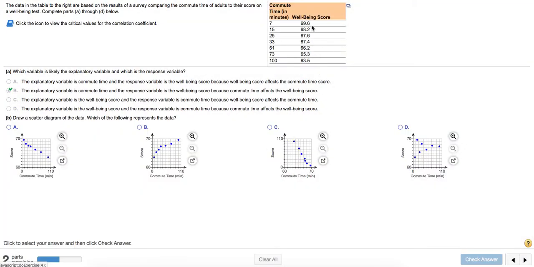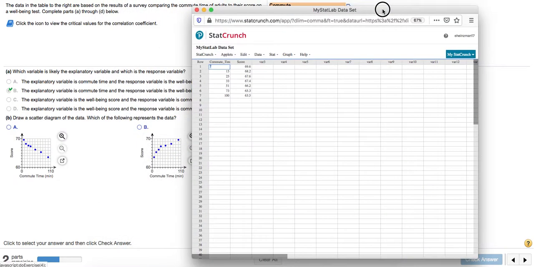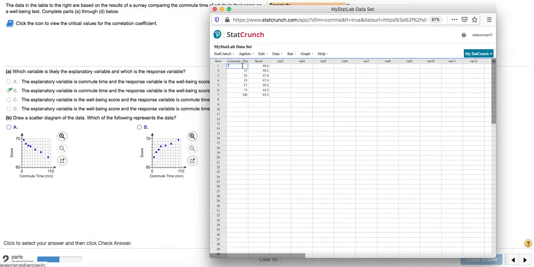And what we are first going to do is look at a scatter plot of this information. So again, that could be done by hand, but I'm instead going to go into StatCrunch, and here's my data. There's a total of 7 data points. I want to get a scatter plot of this information.